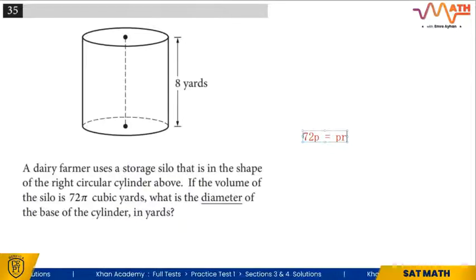Let me write the 8 first; it doesn't matter, it is multiplication. So when we divide by 8 and pi on the other side, r squared will be 9, right? R squared is going to be 9.